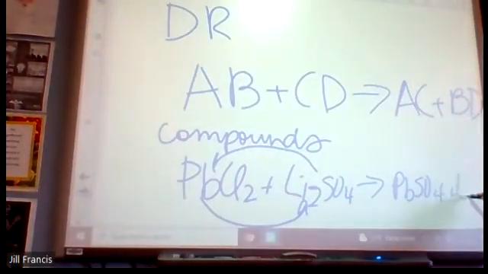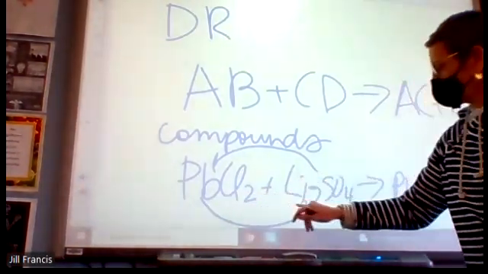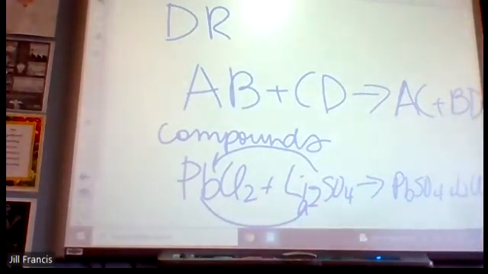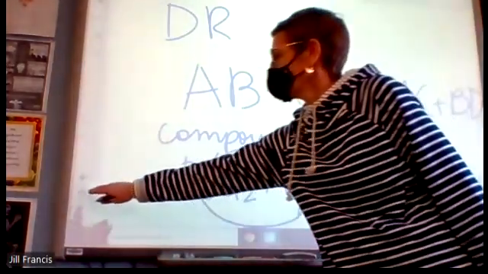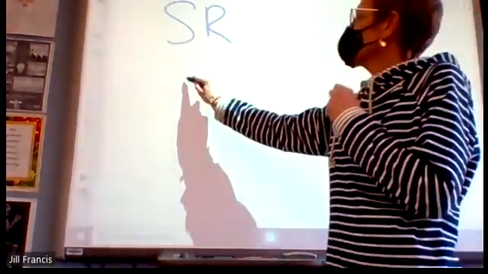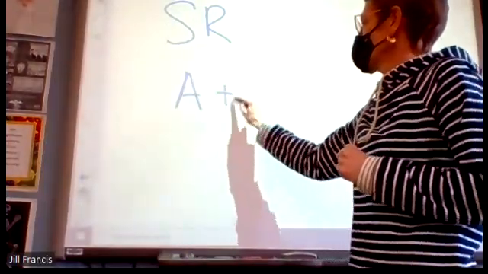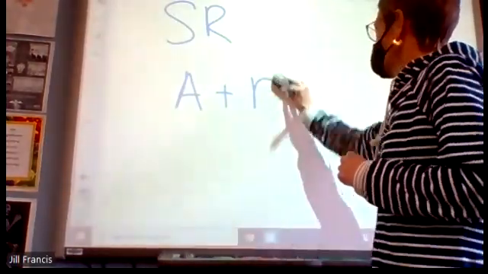So we end up with LiCl. So it's all compounds, and that metal that's in this compound switches spots with the metal that is in this compound, and we get 2 different compounds in the end. But it's all compounds all the way across. Single replacement, on the other hand, is an element plus a compound.